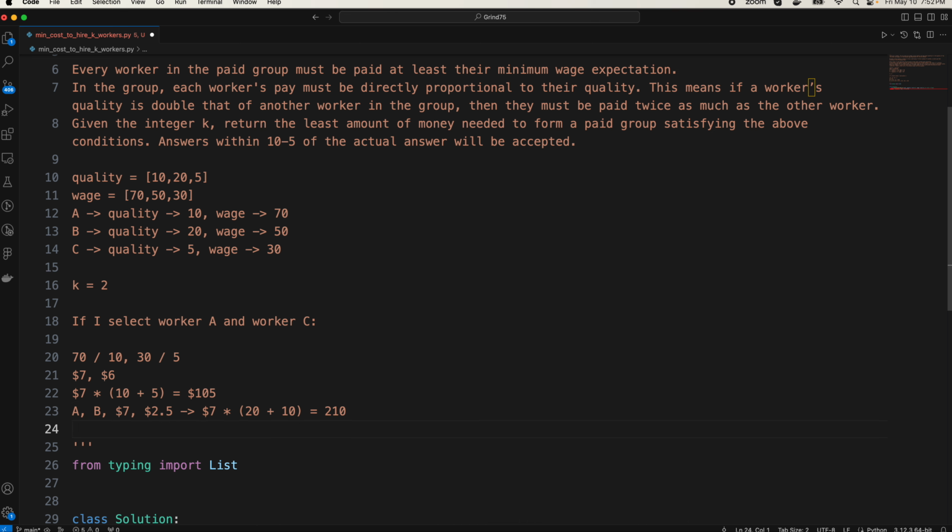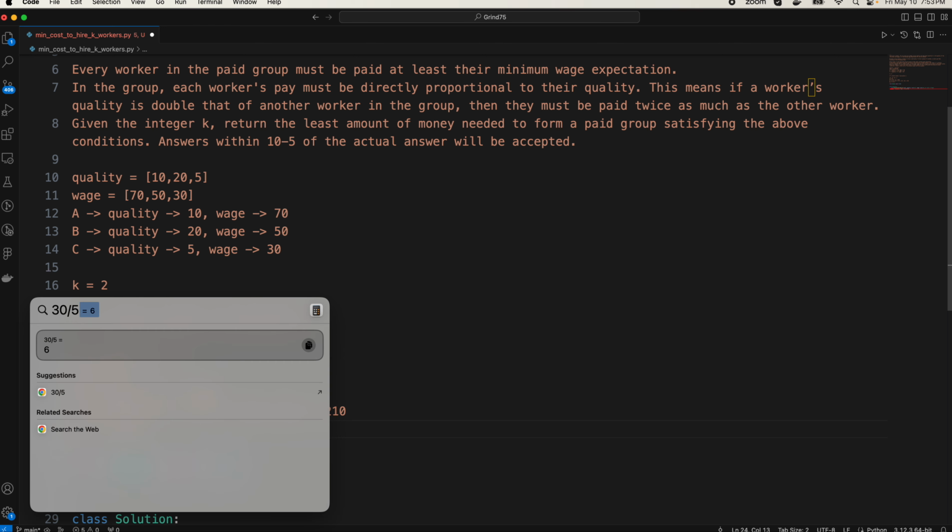Now if I select B and C, what will be the minimum wage? Try to think. For B, we have $2.5, which we already calculated. For C it is 30 divided by 5, that is $6.